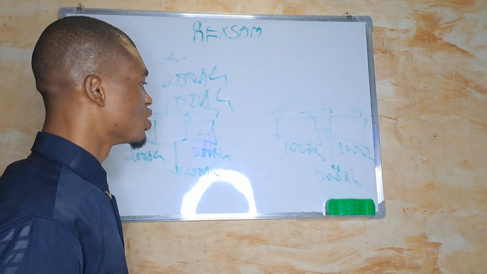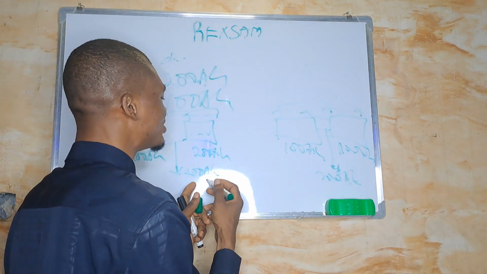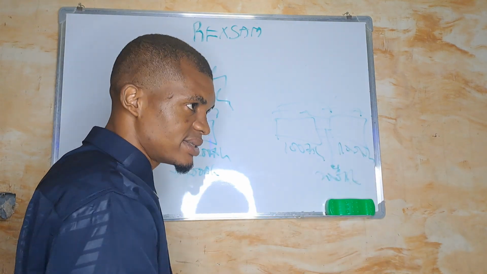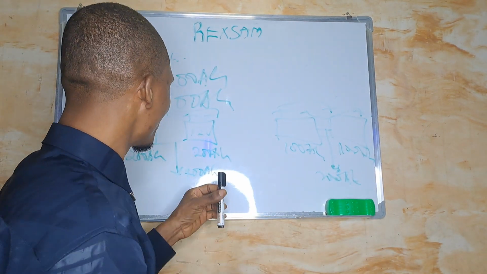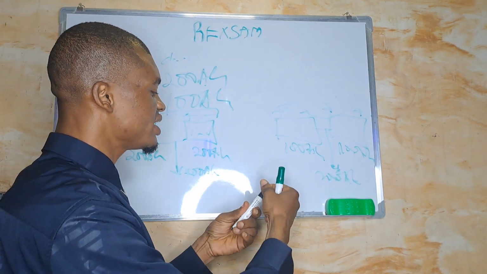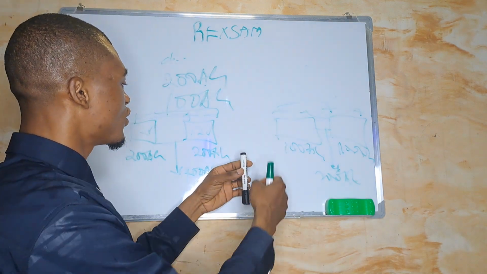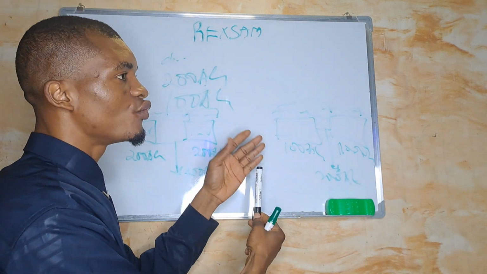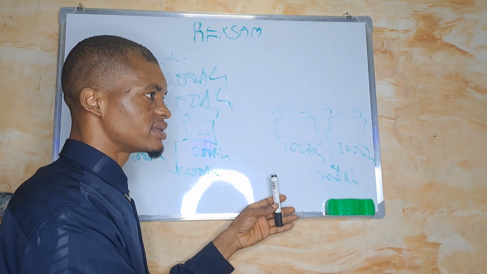So why is it so? The lesser will take advantage of the bigger one and drop it to its own capacity, because if this is the marker, you see the ink inside the marker, you cannot fill it above the container. The rest will become a waste.